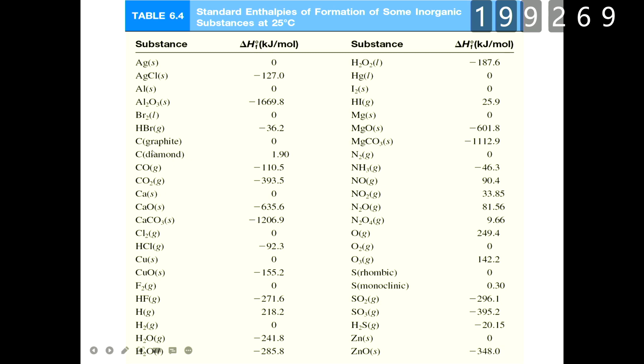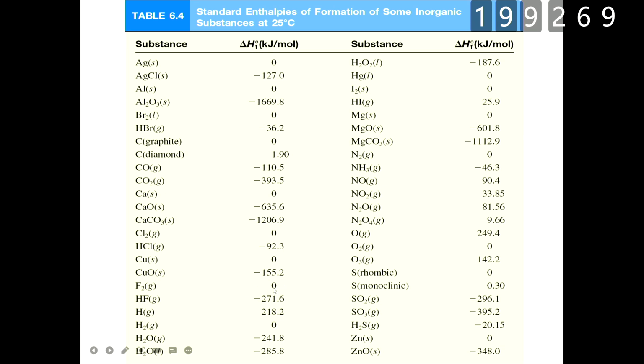Both of them are made only of carbon, but they have different energy. This is the most stable state, so it is 0. For example, chlorine, and then fluorine.